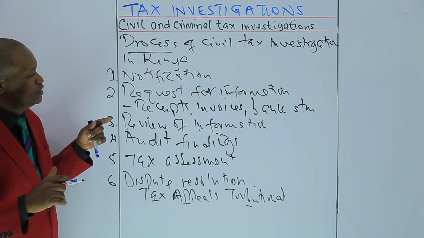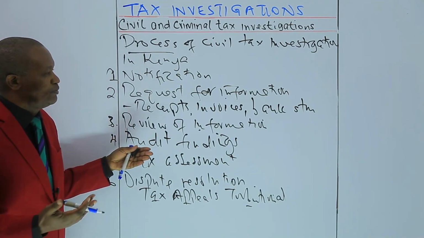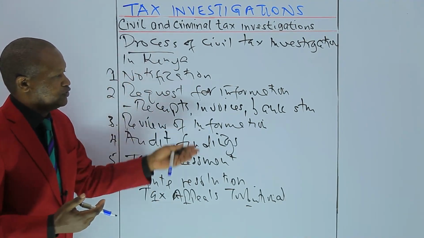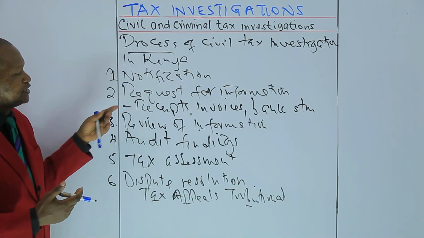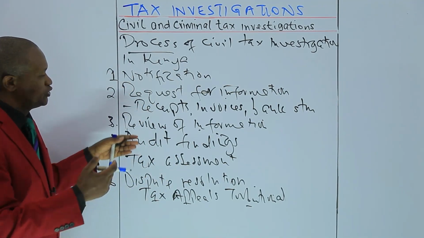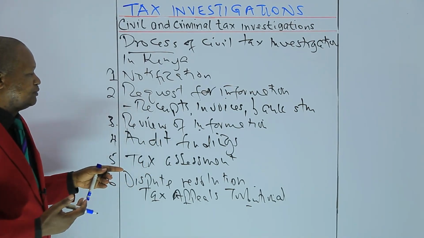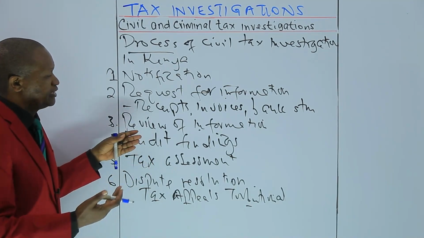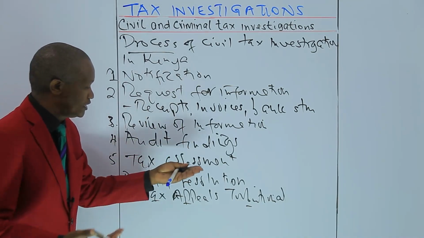Number 2, the revenue authority requests for information from the taxpayer, which could be in form of receipts, invoices, bank statements, financial statements, and so on. Upon receiving this documentation and information, the revenue authority will review the information and maybe seek further inquiries, like having interviews with the taxpayer or interviewing witnesses.